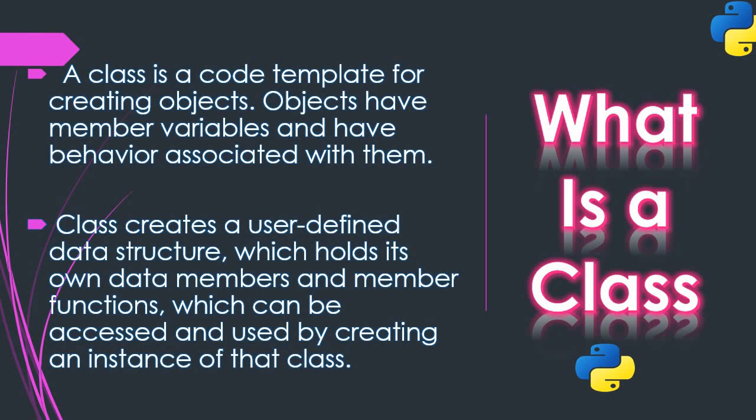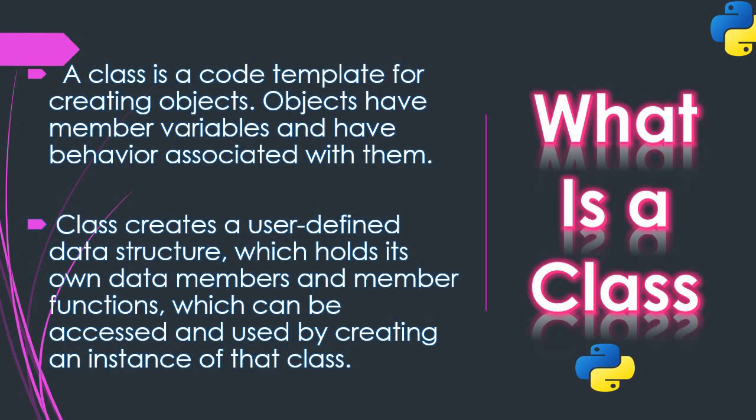Data members are the variables and member functions are the simple functions we were creating in Python. And the instance of the class is the object. So in short, a class is a blueprint and an object is the instance of that class.